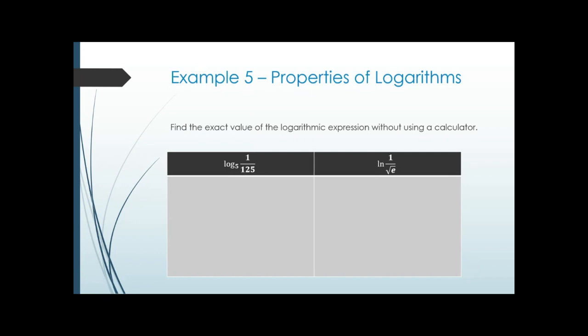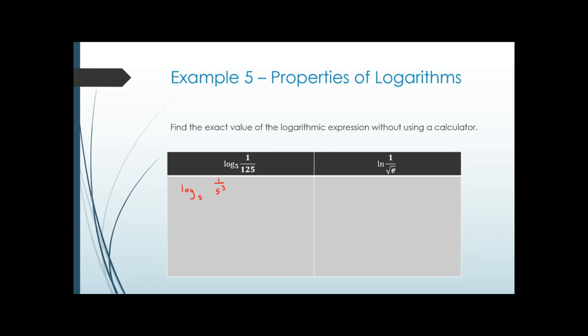So 125 is 5 cubed. That's just something that I happen to know. You can do a factor tree to figure that out, but 5 cubed is 125. So instead of writing 1 over 125, I can write 1 over 5 cubed.